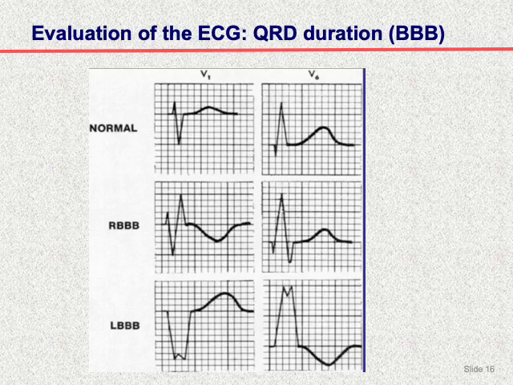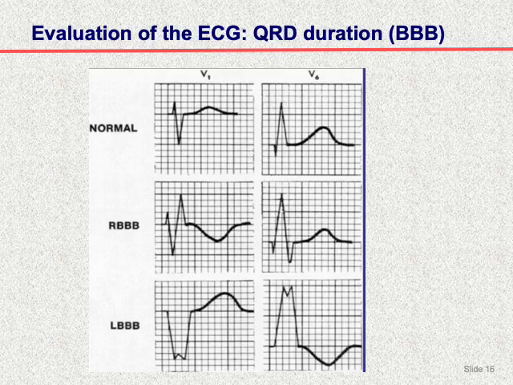When we have bundle branch block in the right bundle branch or left bundle branch, we know this through lead V1 and V6, and usually I add lead 1, which is the lateral lead, together with V6. I look for the M pattern, this M pattern R, S and R dash.